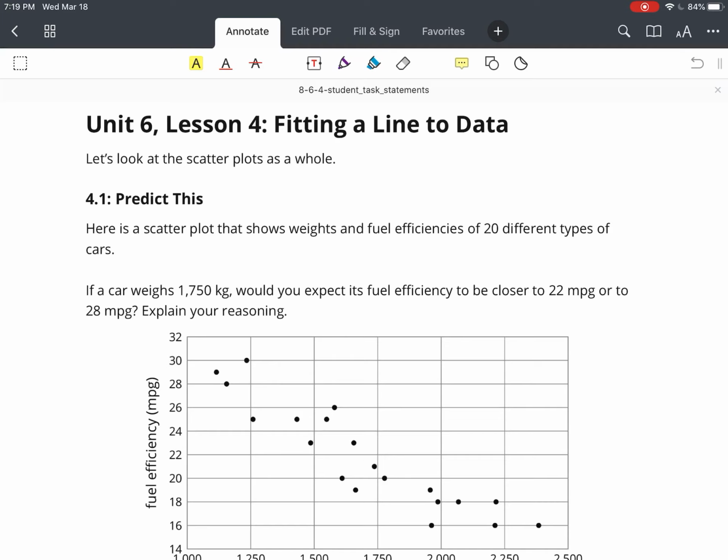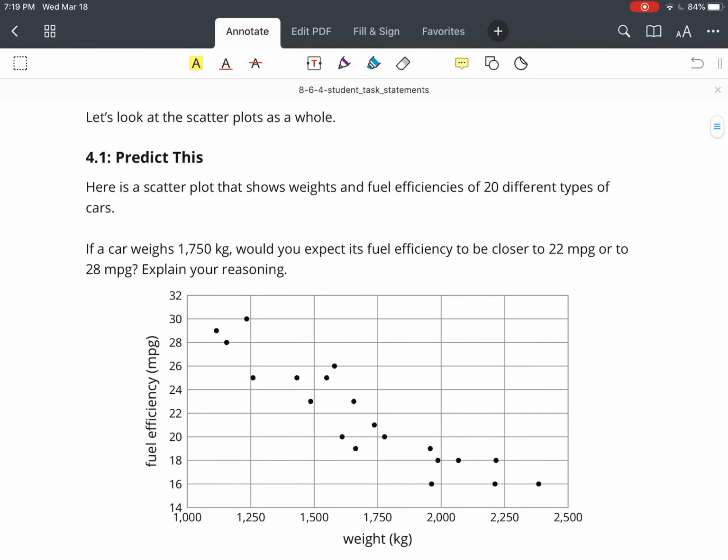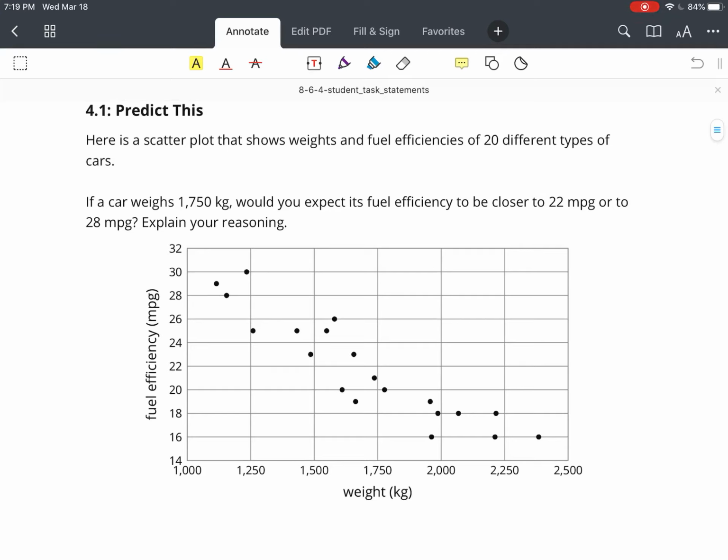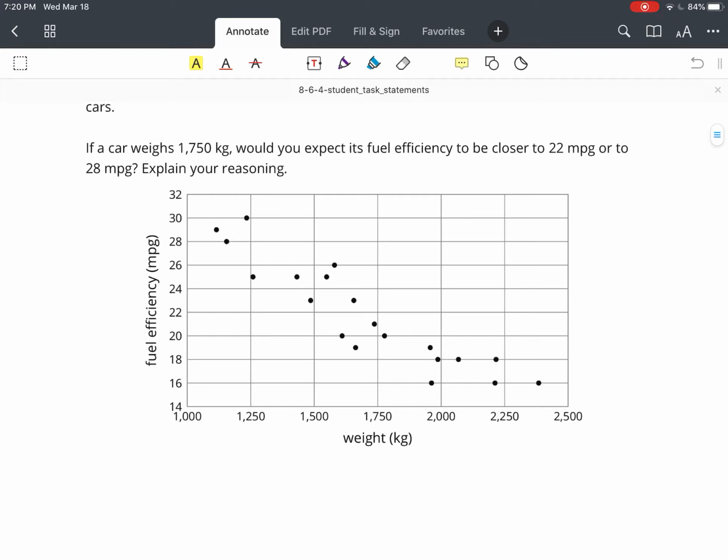So 4.1, predict this. Here's a scatter plot that shows weights and fuel efficiencies of 20 different types of cars. If a car weighs 1,750 kilograms, would you expect its fuel efficiency to be closer to 22 mpg or 28 miles per gallon? So let's look at 1750. It's right here. It seems to be around there.